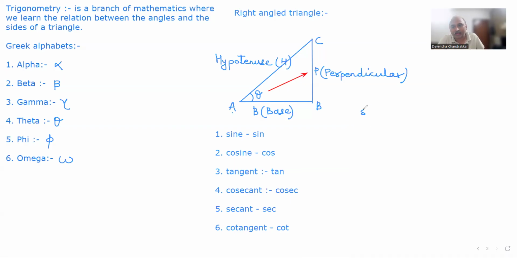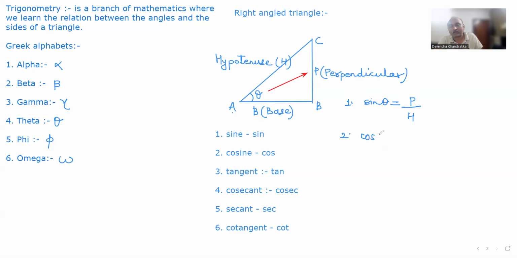So what is sine theta? Theta is the angle here. Sine theta is always given as perpendicular upon base. Cos theta is always given as, sorry, my bad. Sine theta is given as, I'll just repeat it. Sine theta is perpendicular upon hypotenuse. First thing.